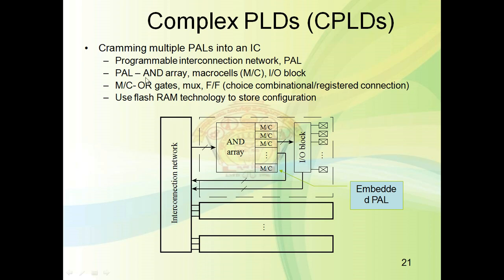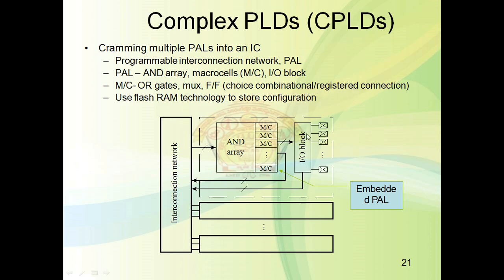So the PAL structure consists of an AND array, macro cells and IO block, and this macro cell consists of OR gate, mux, flip-flops. It is used to implement the choice of the combinational or registered connection.